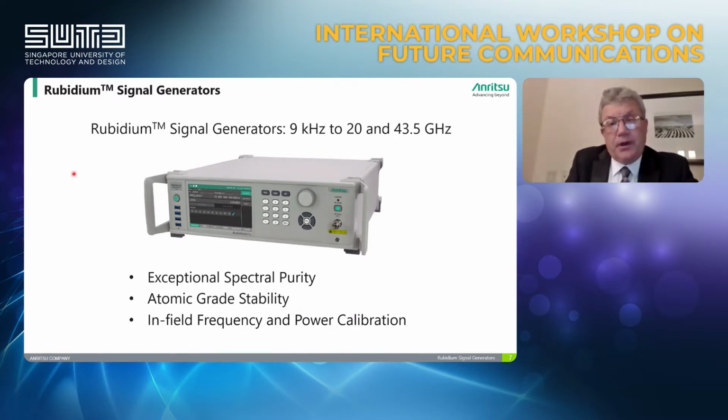We have two Rubidium signal generator models covering 9 kilohertz to 20 and 43.5 gigahertz with very small step size, exceptional spectral purity, atomic grade stability, and in-field frequency and power calibration capabilities.